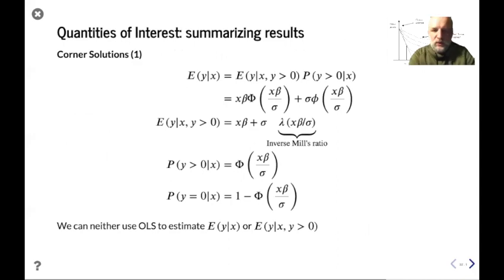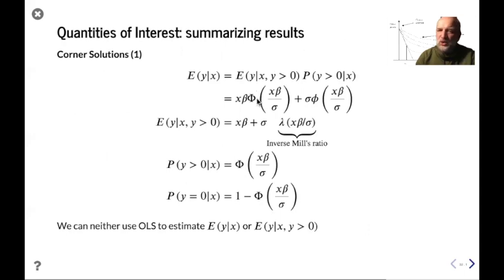But in the case of the corner solution outcome, we have all these different objects of interest. You got the conditional mean, which depends on a complicated function of x and beta, and everywhere here it's really central that we're using objects from the normal distribution.